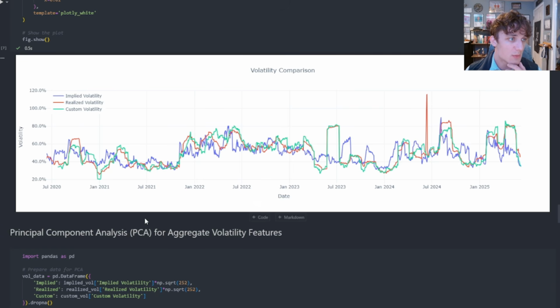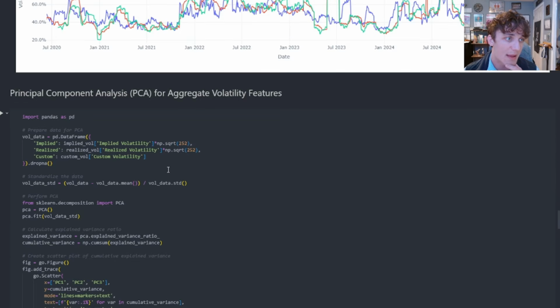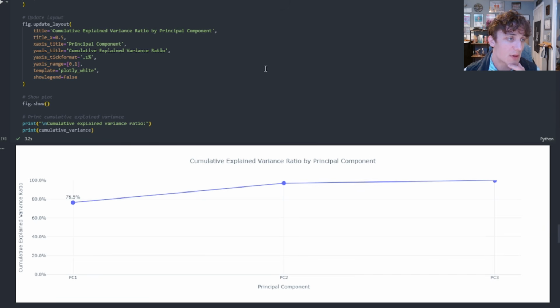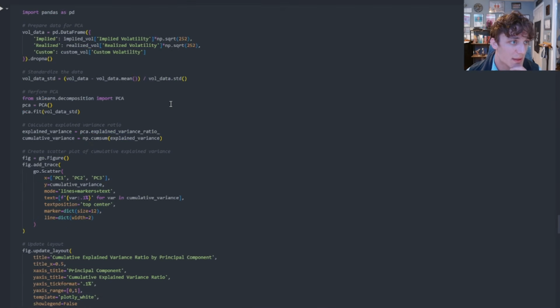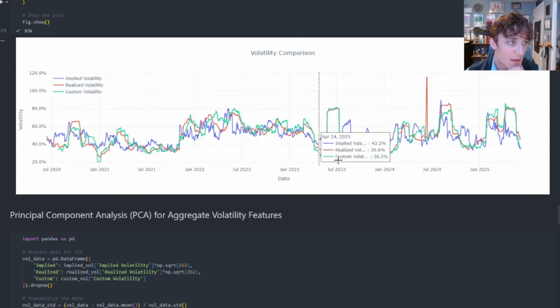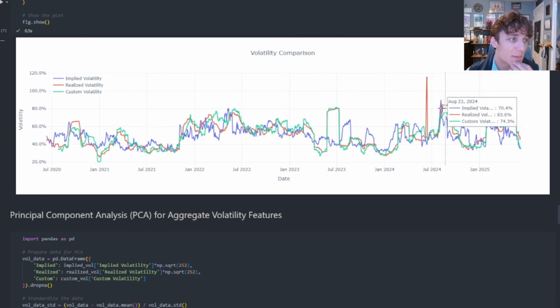But what we can do is conduct a principal component analysis to try to determine if there's a way to combine all of those volatility features in some linear way to essentially reduce the dimensionality. And that's exactly what I've done here. I've taken this series of different volatility features, and I said, hey, I want to compress this into, say, 1 or maybe 2 features.